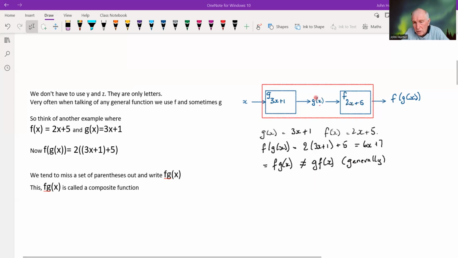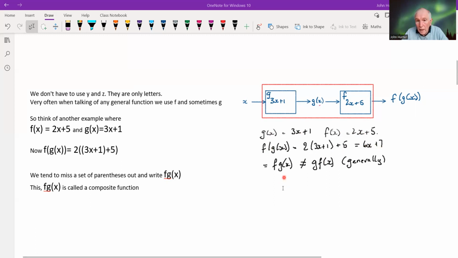Our x is actually this g of x here. And so what we're getting out, we would denote as f of g of x there. So if g of x is 3x plus 1, as we've said over here, and f of x is 2x plus 5, then our composite function, when we simplify it, is going to give us 6x plus 7.